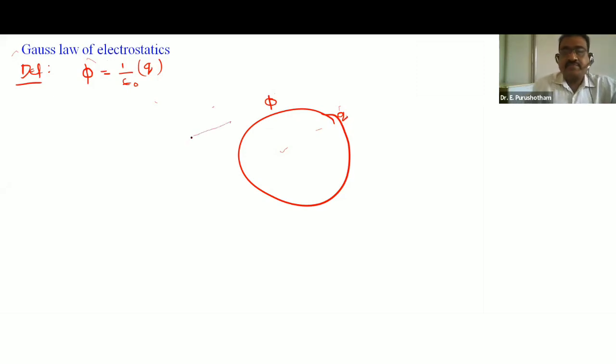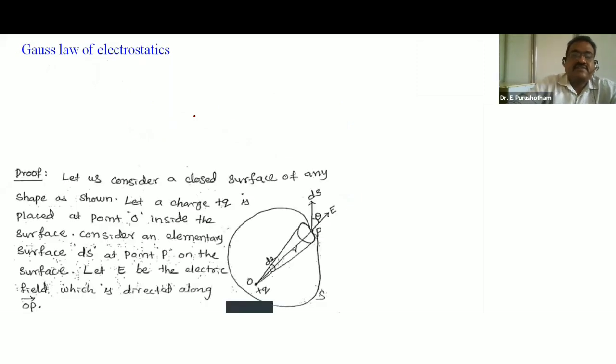What I am saying, the total electric flux phi through a closed surface enclosing a charge is equal to 1 by epsilon naught times the magnitude of this charge Q enclosed in it, that is called Gauss law of electrostatics.